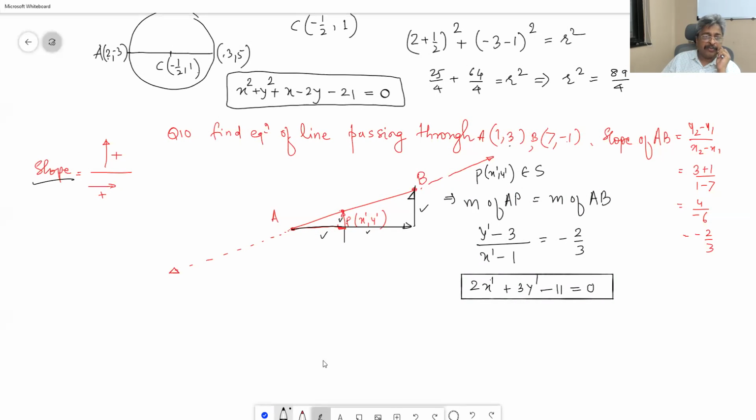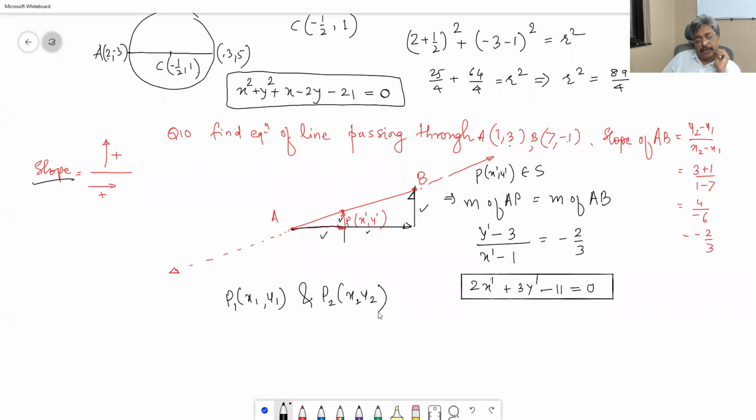But if you have been given general P1 (x1, y1) and P2 (x2, y2), then the equation of the line passing through P1, P2 is going to be equal to (y minus y1) upon (x minus x1), where y is our y dash.